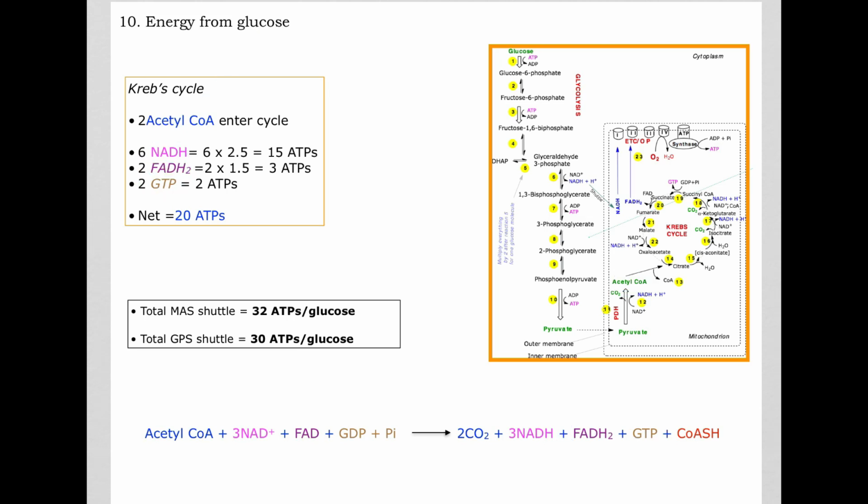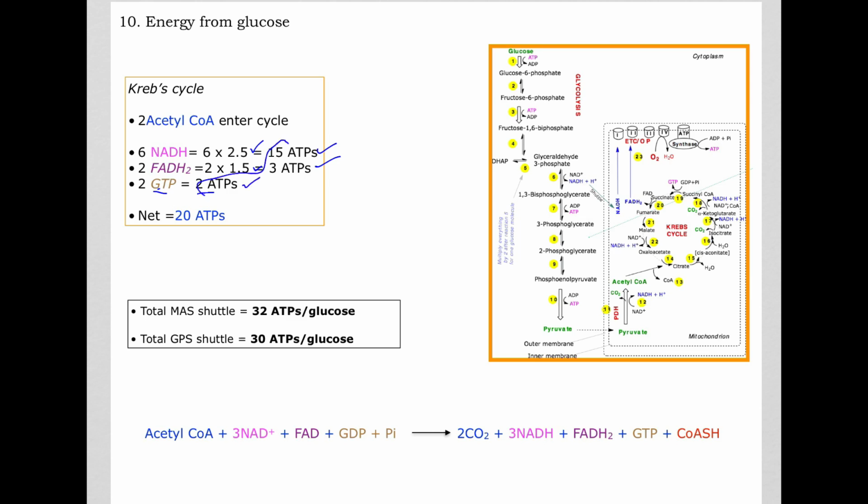So when you add all this up, 6 times 2.5 ATPs from an NADH to the electron transport chain oxidative phosphorylation system, and FADH2, each one gives 1.5, so 2 times 1.5, so we have 15, 3, and then 2 GTPs is the same as 2 ATPs.